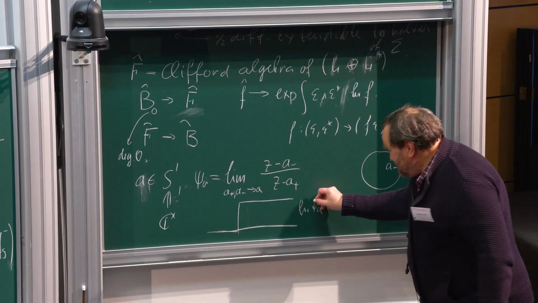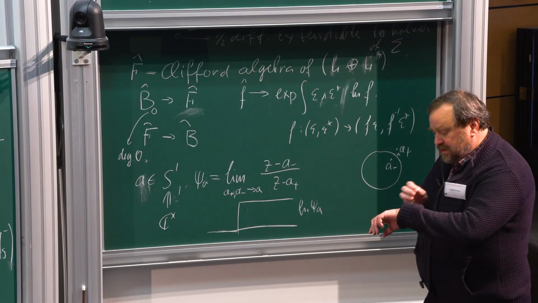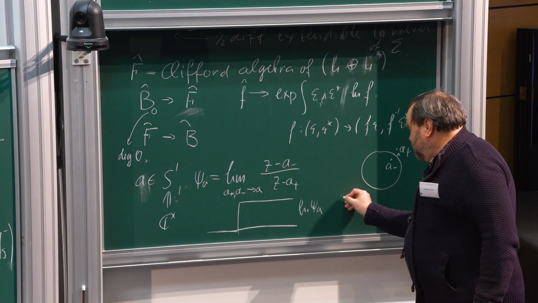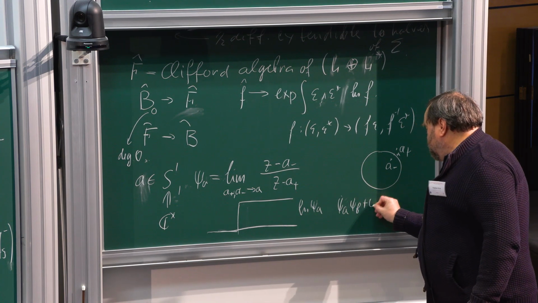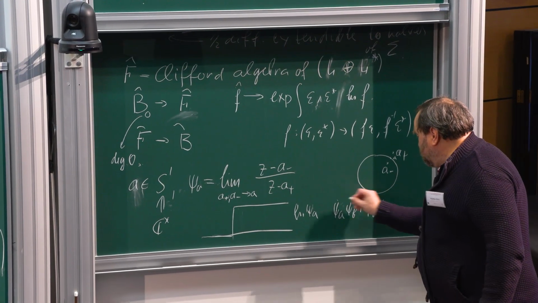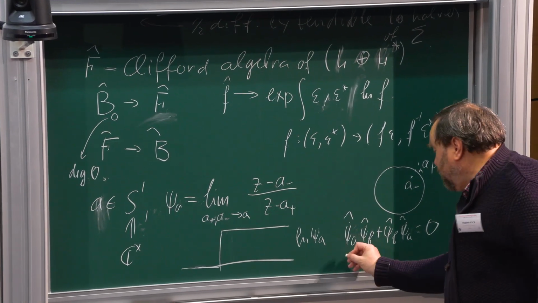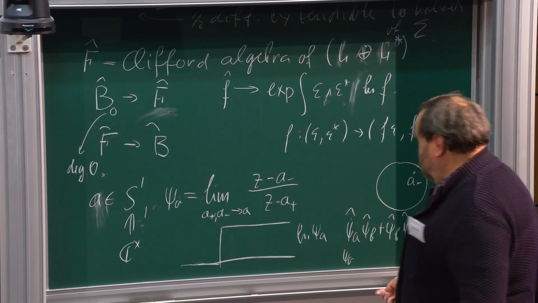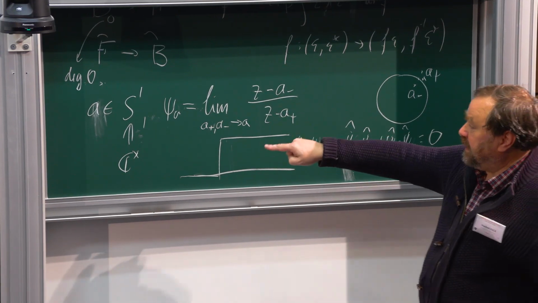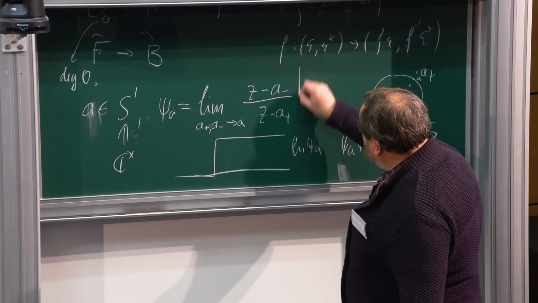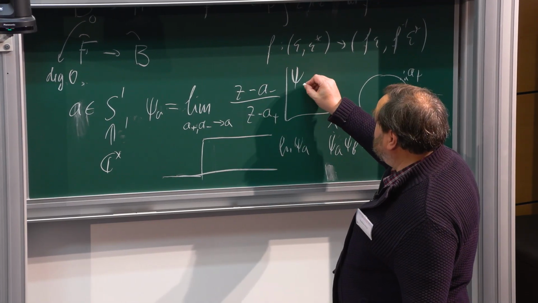But yeah, the easy verification shows that if you compute psi a, psi b plus psi b, psi a with hats, of course, this is equal to 0, and I have also the same thing. I can do psi. Sorry, I just don't want to start another blackboard.